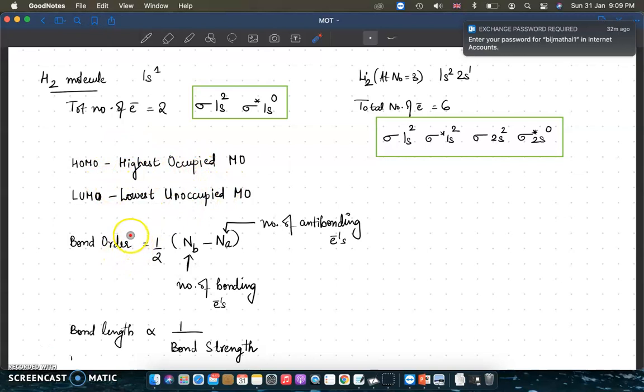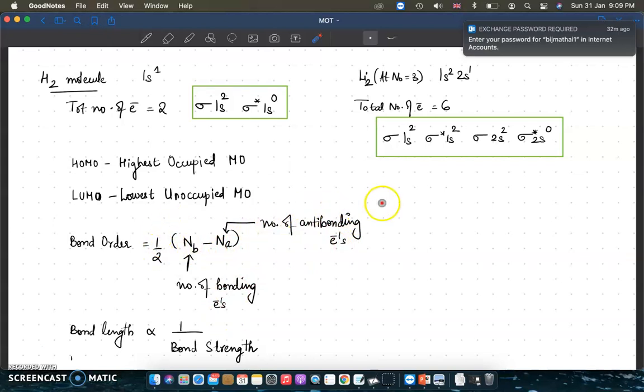Then another important thing that you do while talking about the molecular electronic configuration is the bond order. Bond order is half multiplied by Nb minus Na, where Nb is the number of bonding electrons and Na is the number of anti-bonding electrons.